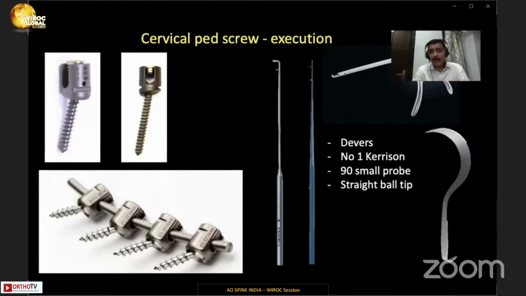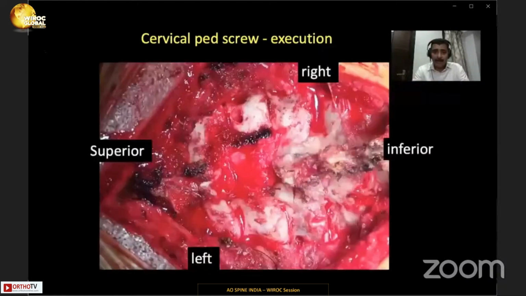Other instruments which I like to use are a small 90 degrees ball tip probe. In case I am in difficulty, I might do a small foraminotomy with the Kerrison rongeur and palpate the pedicle from inside and put in the screw. A straight ball tip probe, a rigid one, is extremely important, which glides along the medial margin of the pedicle wall, which is supposedly the strongest wall of the cervical pedicle.